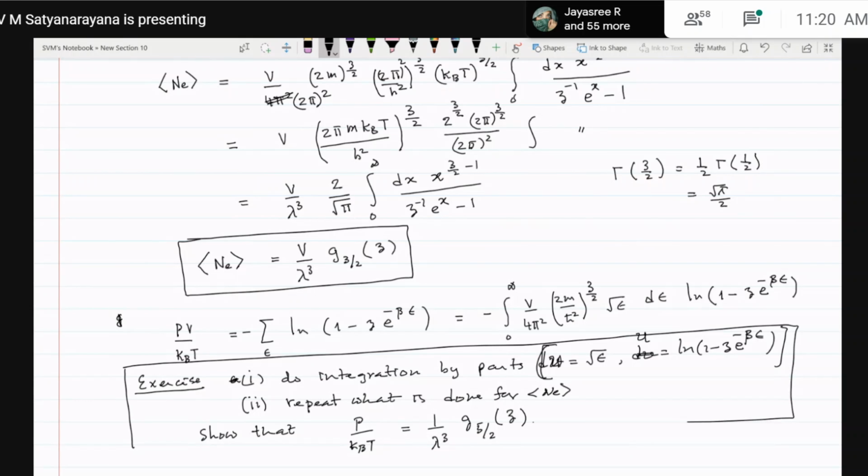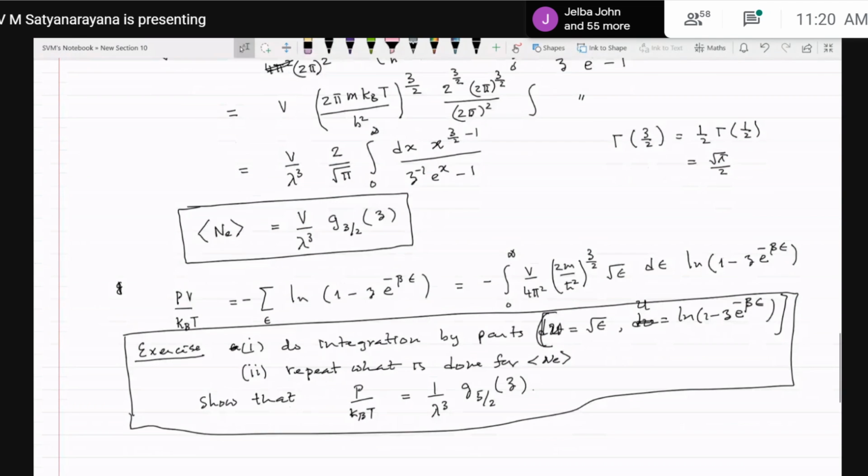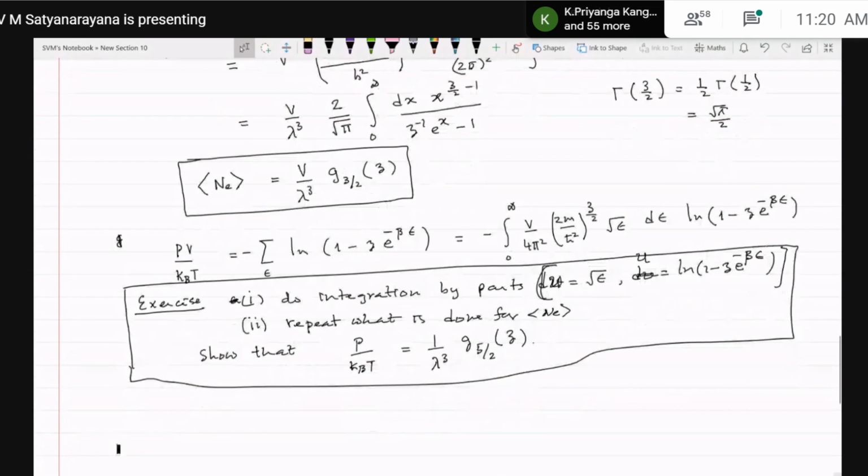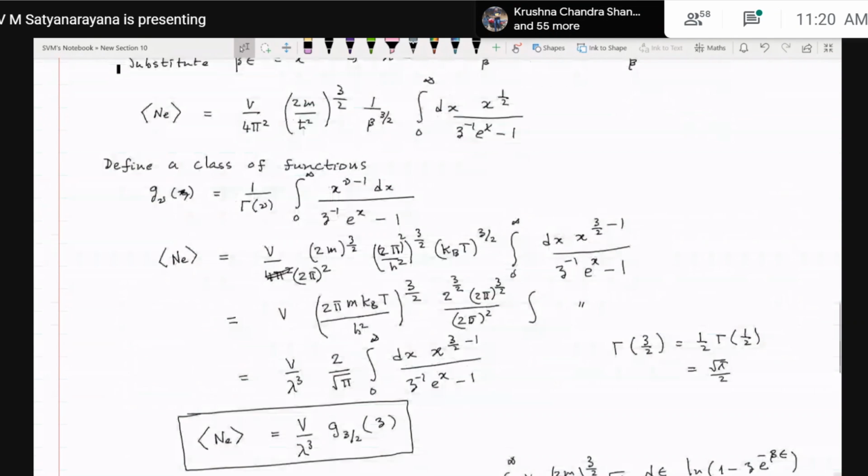Okay, so now what we have done is we have managed to write this in terms of some general Bose-Einstein class of functions that we have defined. Now we will try to understand the nature of these functions.